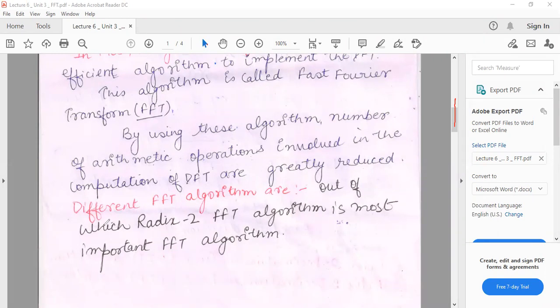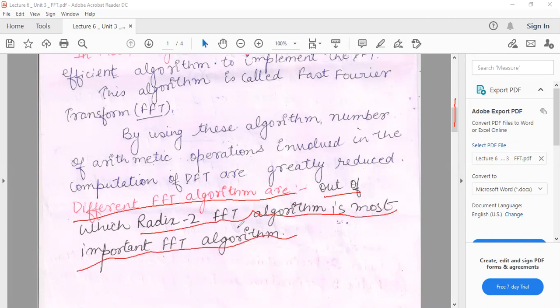Okay, so there are different FFT algorithms basically, out of which the Radix-2 FFT algorithm is the most important. So there are various FFT algorithms, and this is the mostly used FFT algorithm.